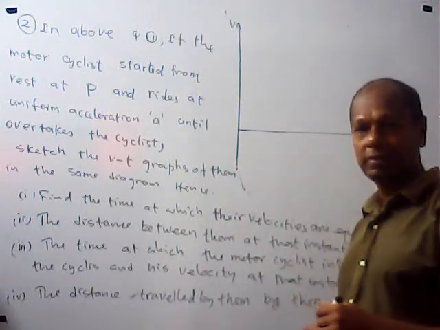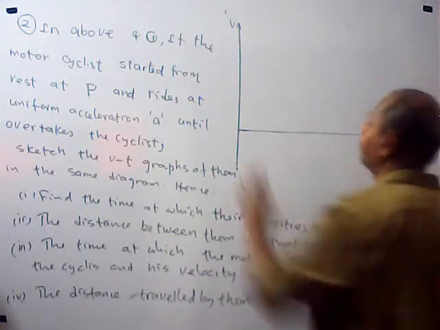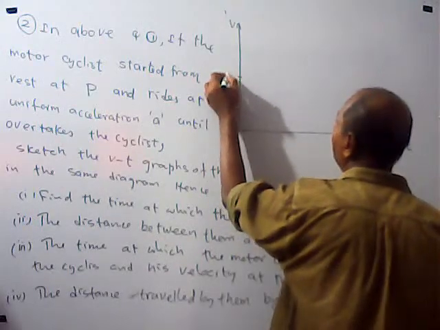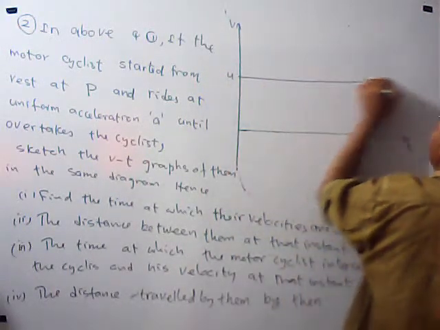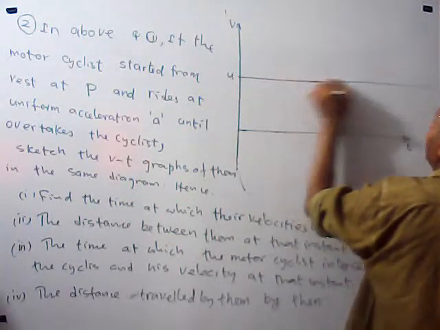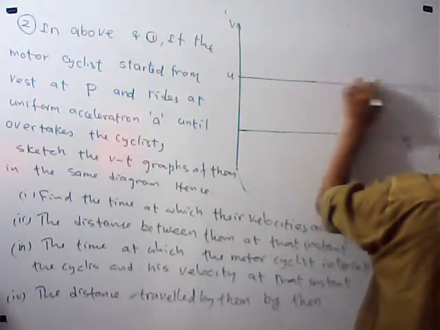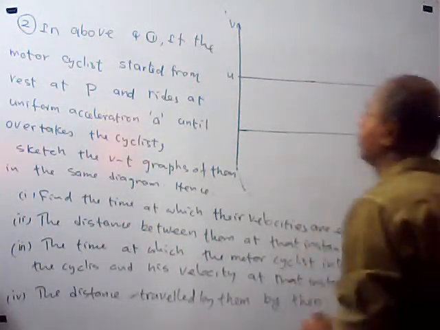For the cyclist, it will be the same graph at speed u, uniform velocity, so it will be parallel to the time axis.